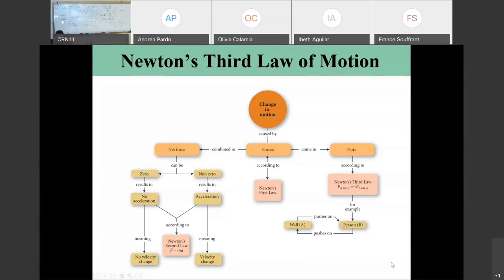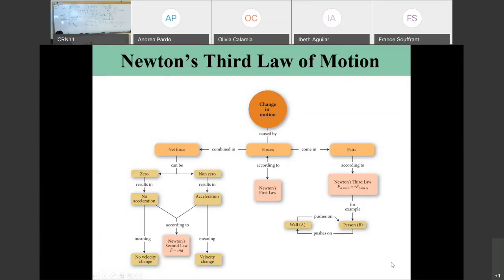What do we have there? We have a nice flux diagram that shows you the changes in motion caused by forces which come in pairs, right? According to Newton's third law, action equals an opposite reaction, right?